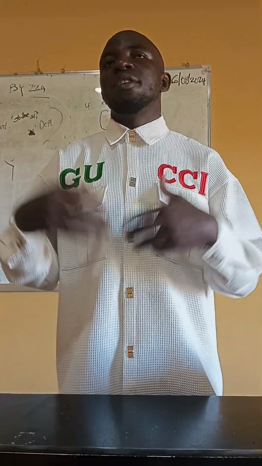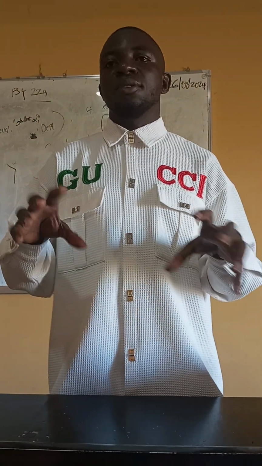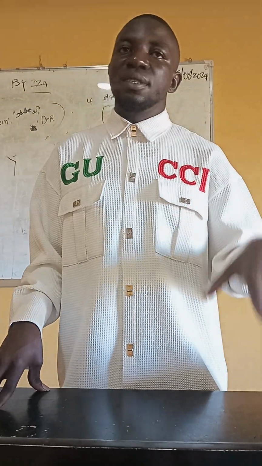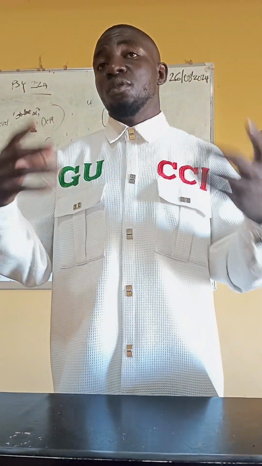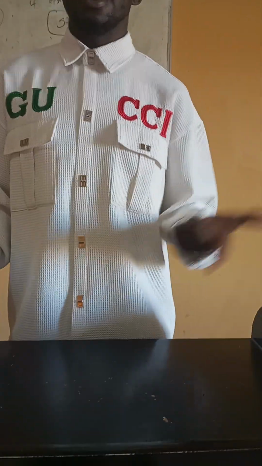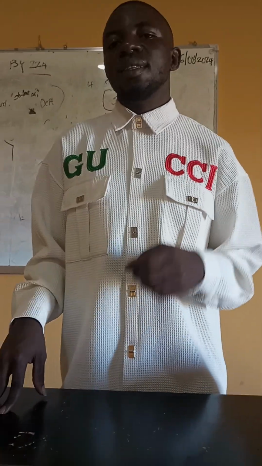Before I say a bit on the Ethereum Virtual Machine, I would like to explain how a smart contract is deployed. When a smart contract is written, it is first of all compiled, and once it is compiled, it generates two outputs, that is the ABI and the bytecode.